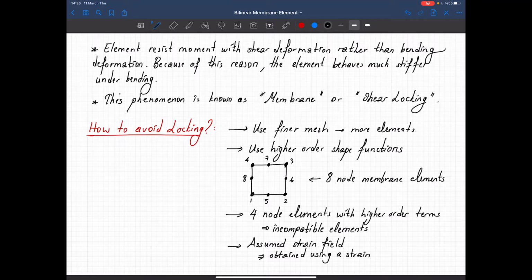You can use the nodal degrees of freedom and combine them with certain rules. So you define the strain field instead of calculating it from displacement derivatives.